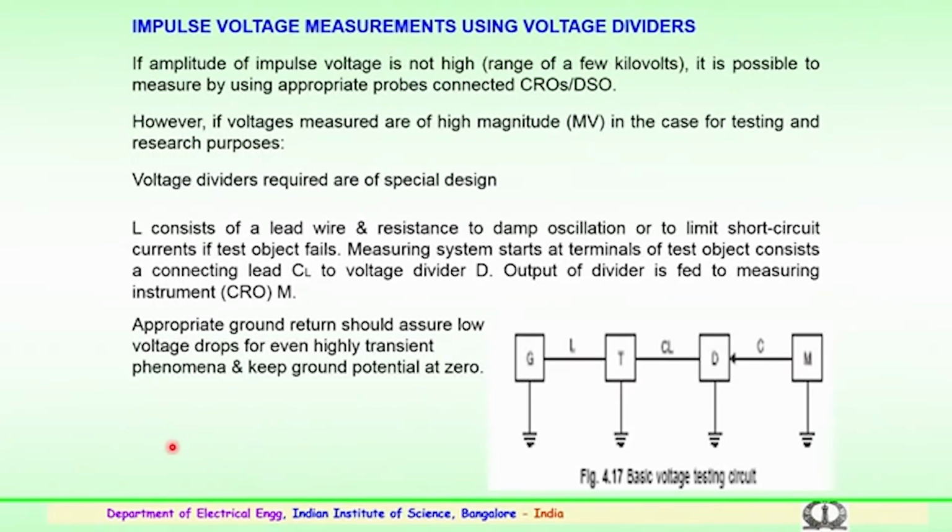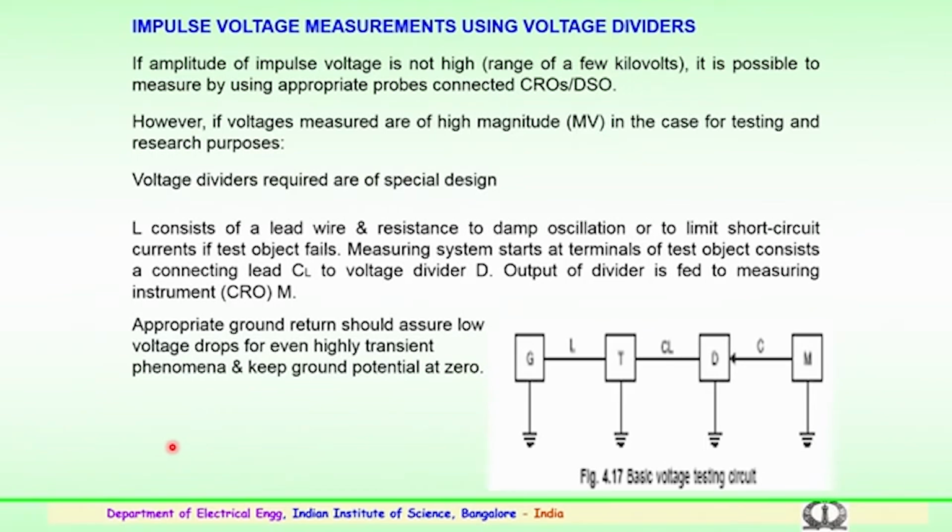Impulse voltage measurements using voltage dividers. In case the amplitude of the impulse voltage is not very high, in the range of a few kilovolts, it is possible to measure using appropriate probes connected to a digital storage oscilloscope or a cathode ray oscilloscope. Probes are available where a few kilovolts could be measured; nowadays probes of 25 to 30 kilovolts are available, for measurements of AC and DC.